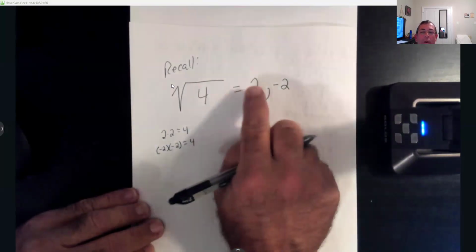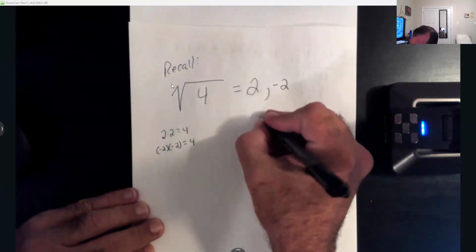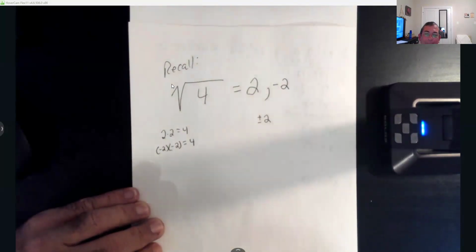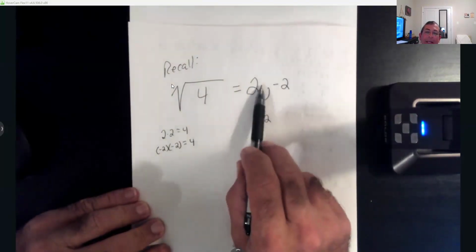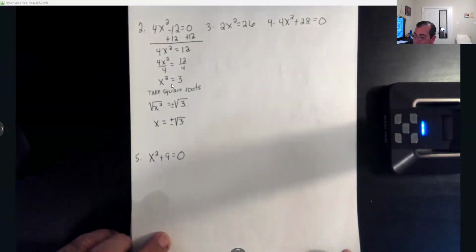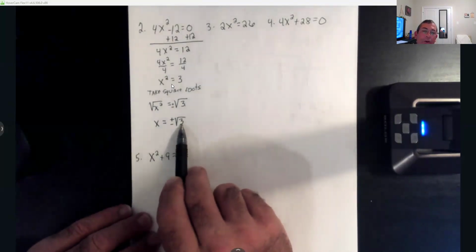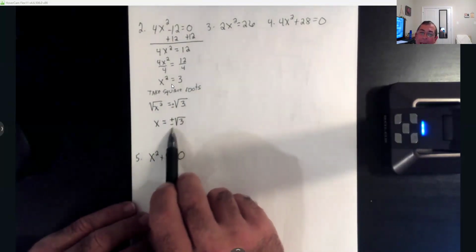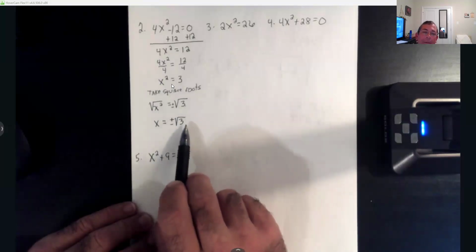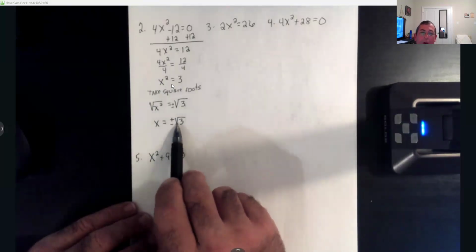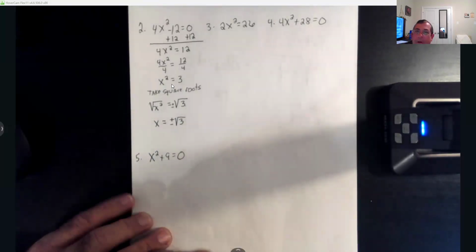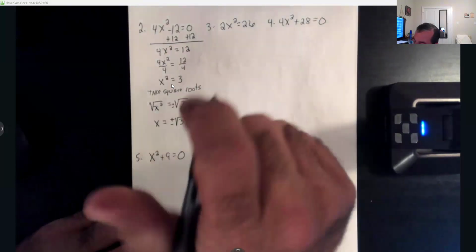So since the square root of 4 can be a 2 or a -2, I can write that as a plus or minus 2, okay? So when y'all see that plus or minus, it just means both answers, okay? Now, although I couldn't take the square root of the 3, I still got to use the plus or minus, okay? Because the square root of 3 times square root of 3 will give you a 3. A negative square root of 3 times a negative square root of 3 will give you 3. So both of them will work in the answers.